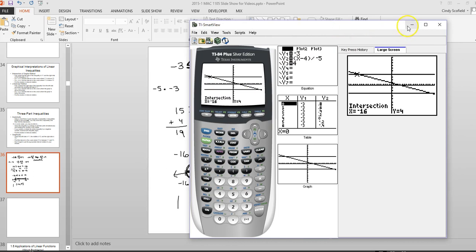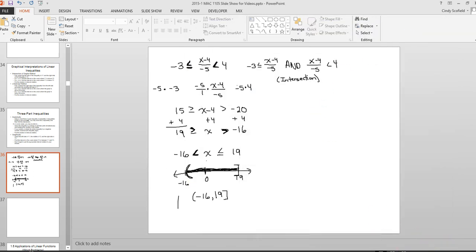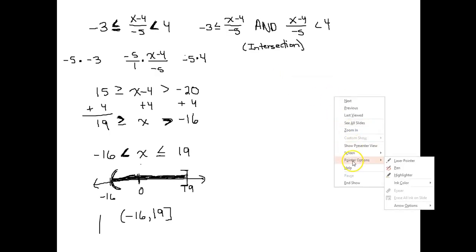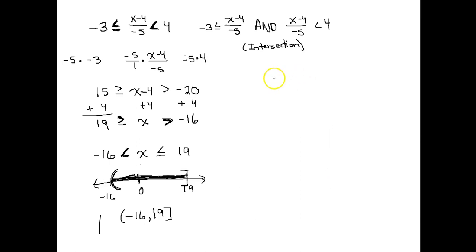So if I draw this graph, sorry, I keep taking it for granted that it's going to already be working as a pointer. It's not. All right, so I've got two lines that are parallel.